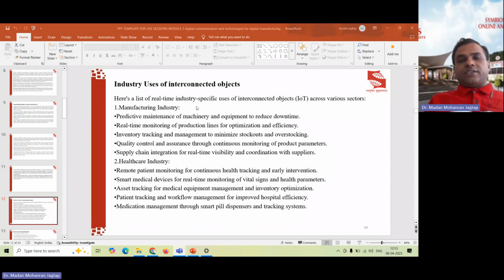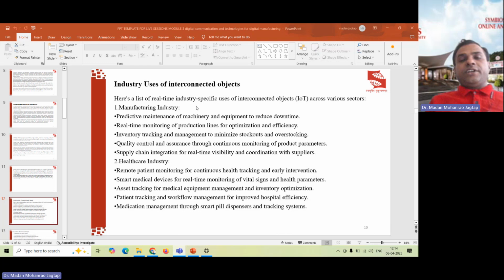So first, the manufacturing industry. What are the uses of interconnected objects? In a manufacturing industry, predictive maintenance of machinery and equipment to reduce downtime. That is the first use. Then real-time monitoring of production lines and optimization of efficiency. That is the second use. Then inventory tracking and management to minimize stock-outs and overstocking. That is the third use.